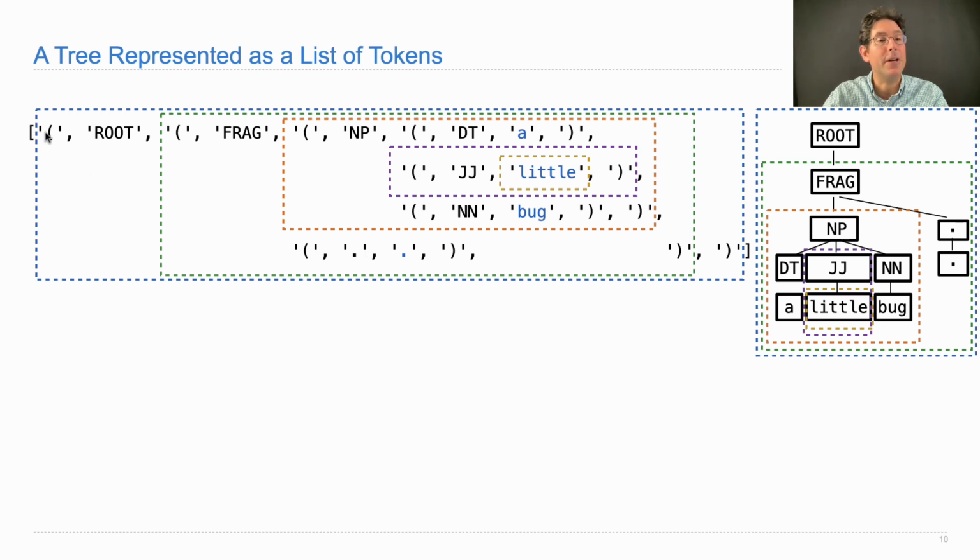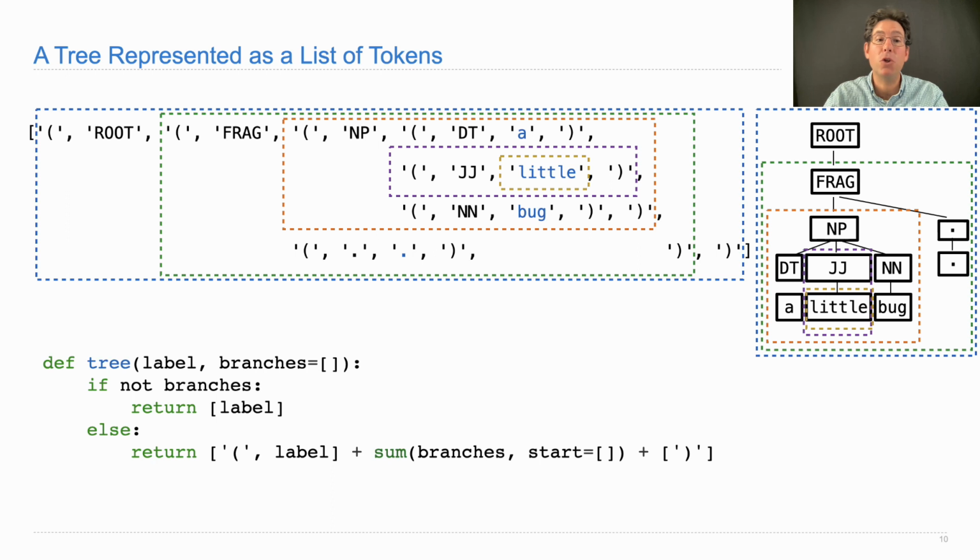Instead of trying to convert this long list into our existing tree representation, we're just going to use this list as our tree representation by redefining the tree, label, and branches functions so that the way we represent trees is just how they're represented in the file, as long lists of tokens with open and closing parentheses telling you the structure.